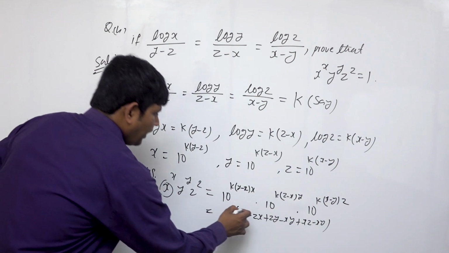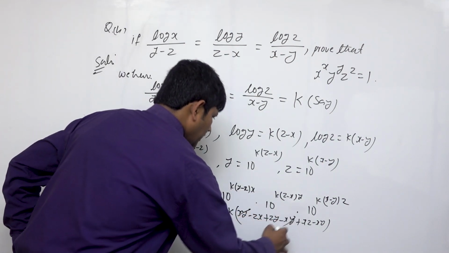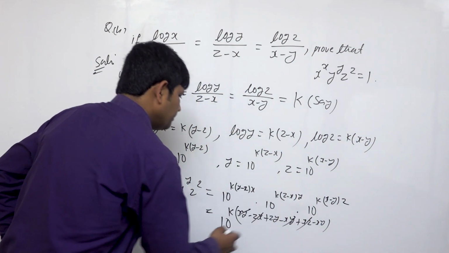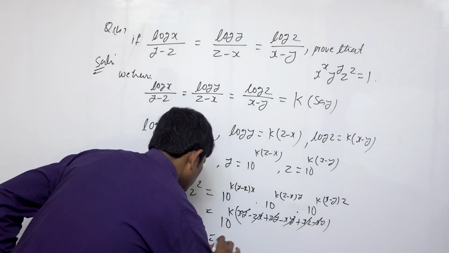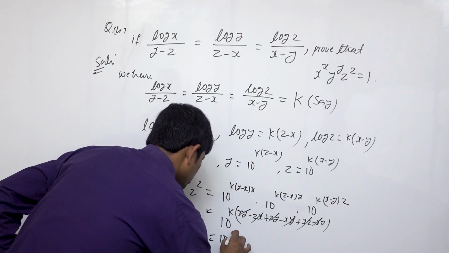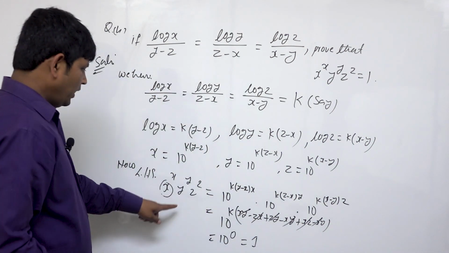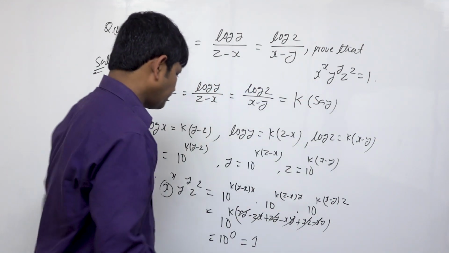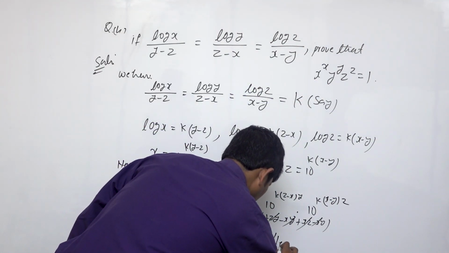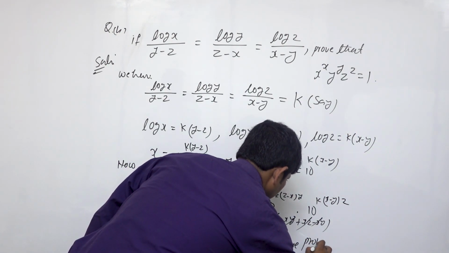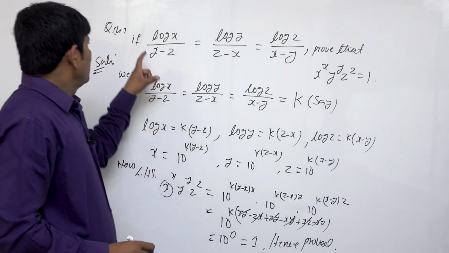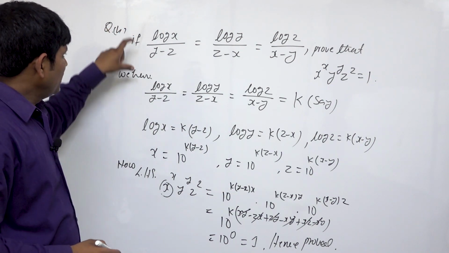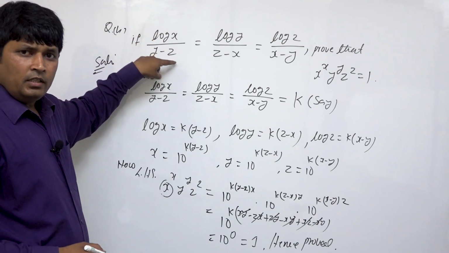Let's see what happened. xy cancels, xz cancels, zy cancels. So this is 10 to the power k times 0, which becomes 0, is equal to 1. So this way we proved that this is equal to 1. Hence proved. So this way, on the basis of the properties of the logarithm function, we proved some of the questions here.